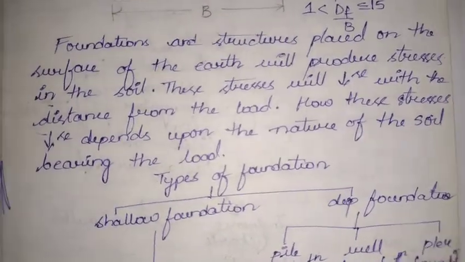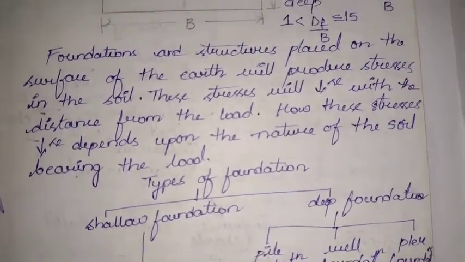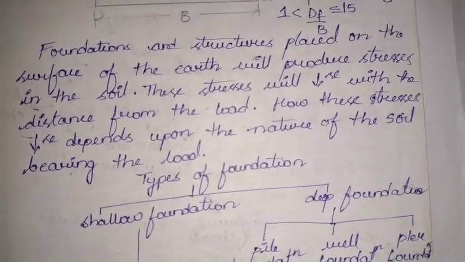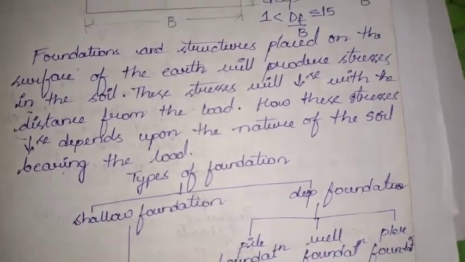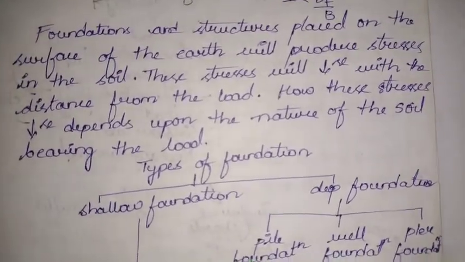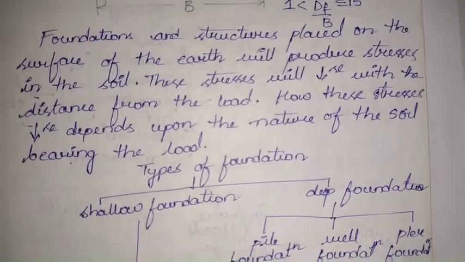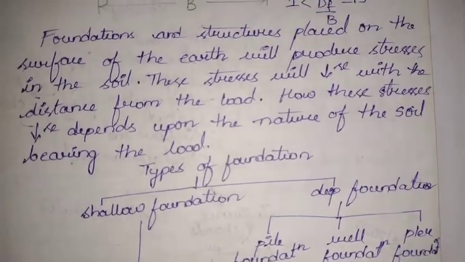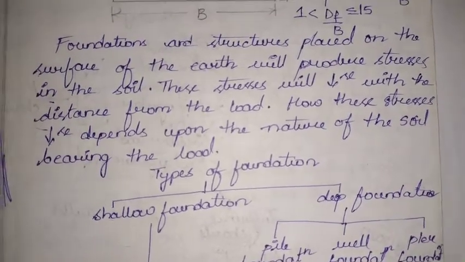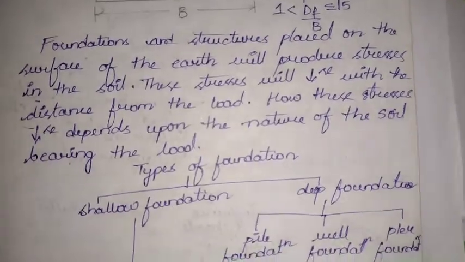Stress is initiated because of the foundation load and also the superstructure that is placed on the surface. So all the loads will cause some stresses in the soil. These stresses will be transferred to the soil beneath the foundation, depending upon the nature of the soil and the bearing capacity of that soil.